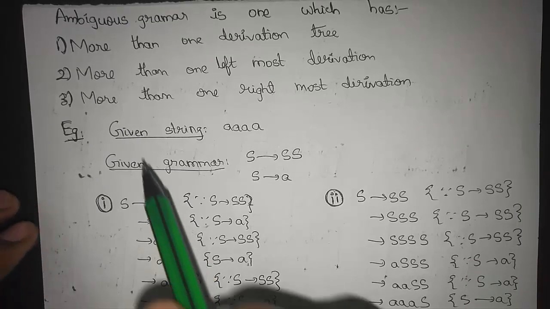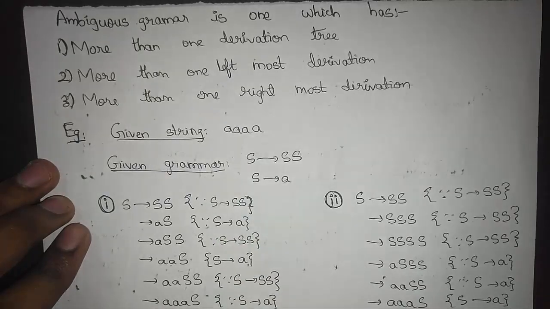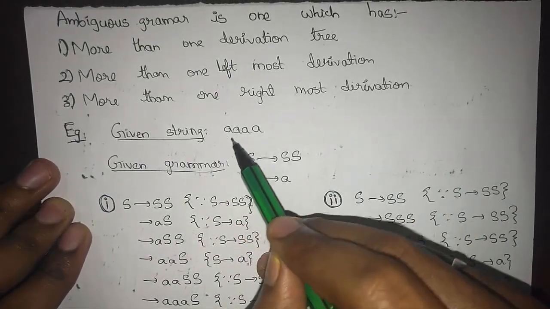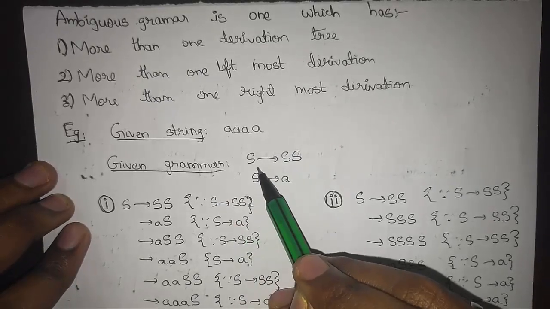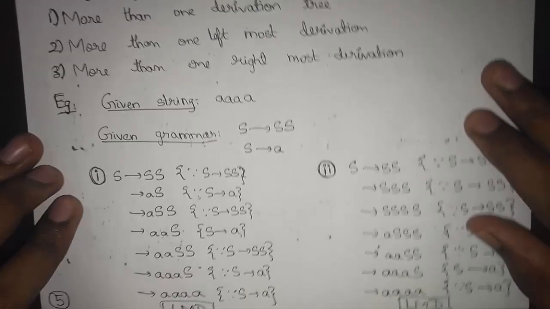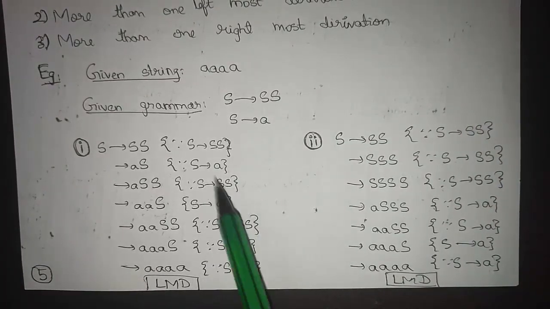We can consider the following example in order to understand ambiguous grammar, or grammar ambiguity, wherein we have a string given as 4 A's, and the grammar is S tends to SS, S tends to A. So we are going to have two leftmost derivations in this case.